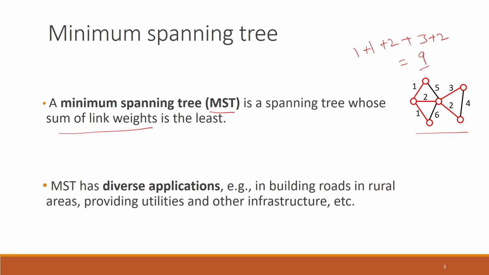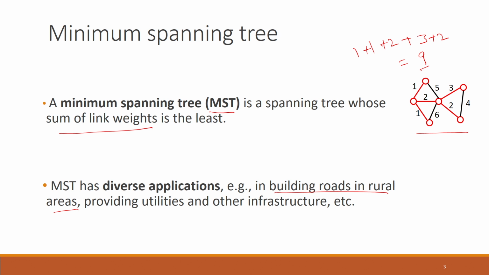Why is the minimum spanning tree problem interesting? Because it has diverse applications. For example, in building roads in rural areas. For instance, suppose there are some houses that are to be constructed in a rural area, and you want to connect different houses in such a way that all of them are connected to each other, in the sense that there is exactly one path which connects each pair of houses, but you want to construct the roads that connect these houses in such a way that the total construction cost is minimized, okay.